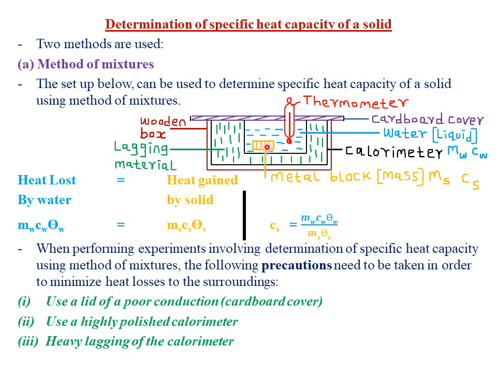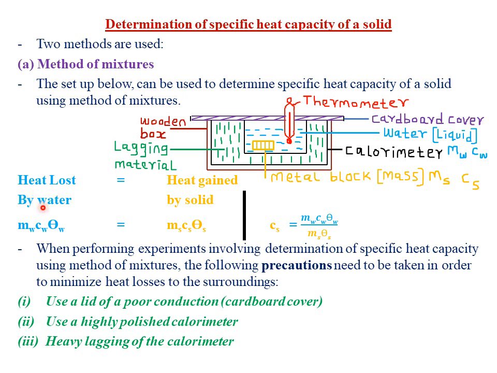Remember, the solid was dropped in the hot water at room temperature. So the water will lose some heat, then the heat that is lost will be gained by our metal block or the solid. So from the law of conservation of energy, all the heat which was lost by water must be equal to all the heat which is being gained by the solid, provided that no heat is being lost to the environment.